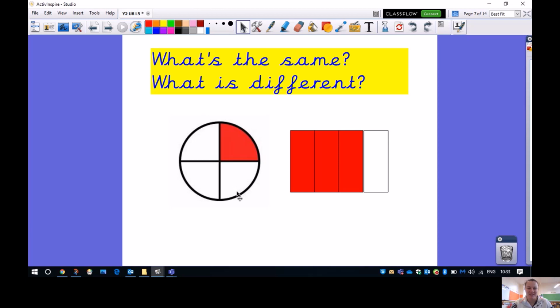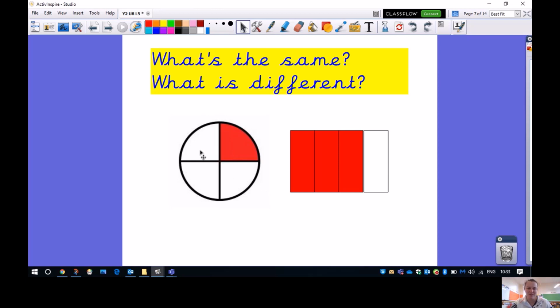What's different? This shape is a circle, and this shape is a rectangle. You're absolutely right. This shape has 4 sides. This shape has 1 side. What else is the same?